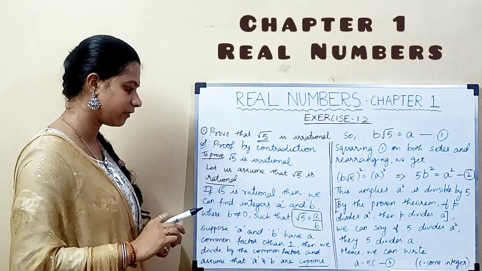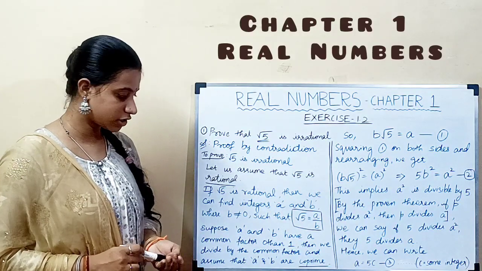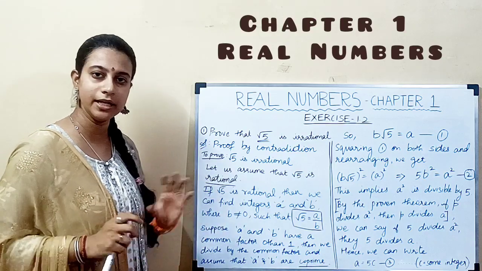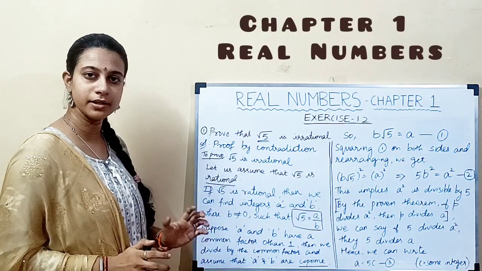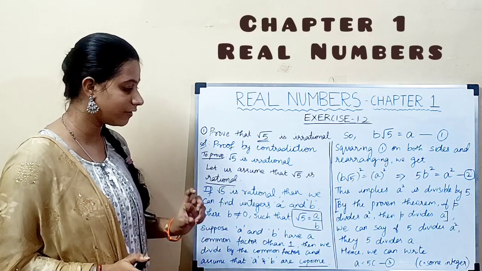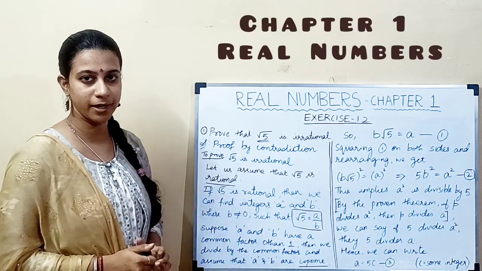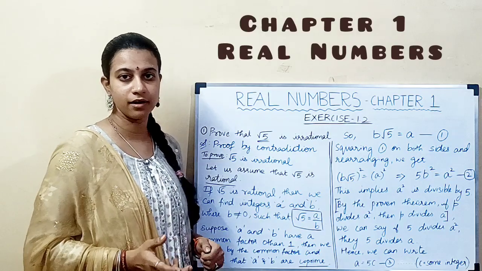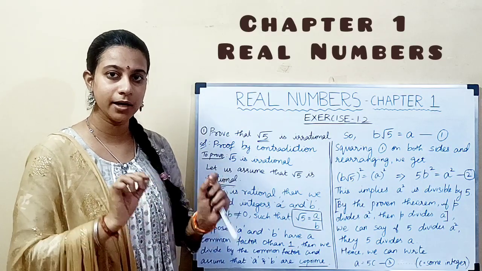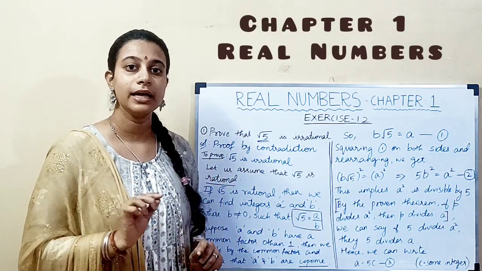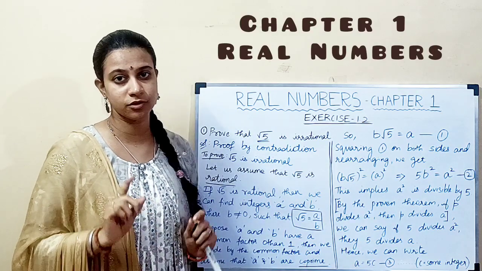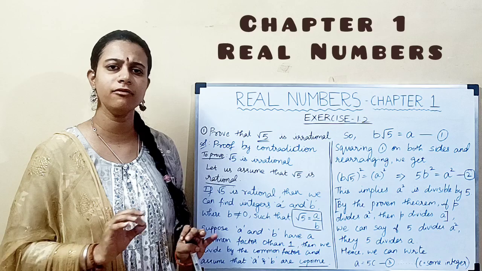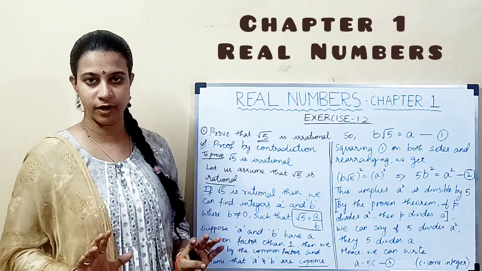Now we will also take a condition: if a and b have any common factor, then we will divide both of them by the common factor and make a and b co-primes. What are co-primes? If we say a and b are co-primes, then a and b have only 1 as a common factor and do not have any other common factor.